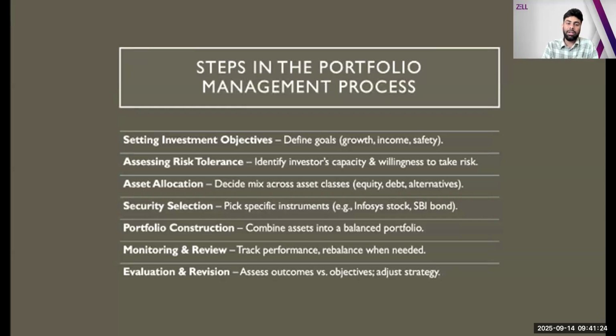Then allocating the assets wisely, selecting them carefully, and building strategically. Allocating wisely, selecting carefully, and building strategically. And lastly, you're going to monitor continuously and, along with monitoring, you're going to revise it. Are we clear? Yes, sir.